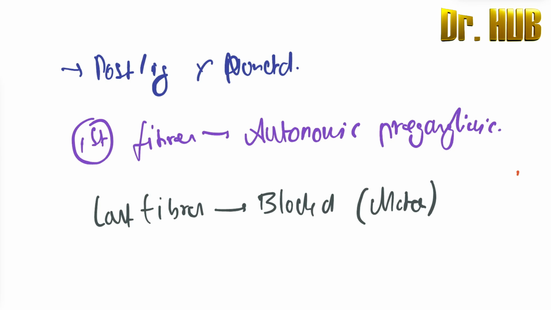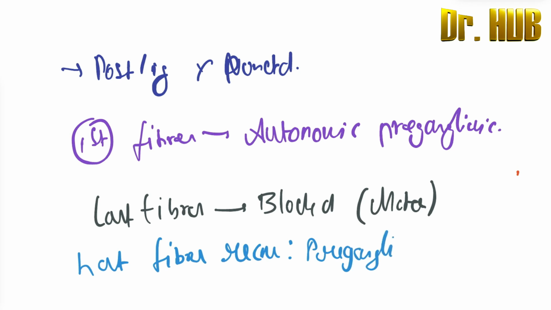The last fibers to recover are the preganglionic autonomic. So the first fibers blocked are autonomic preganglionic, the last fibers to be blocked are motor, and the last fibers to recover are the preganglionic autonomic.